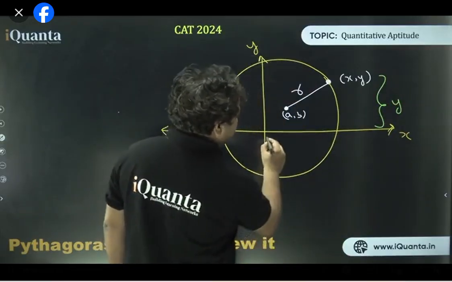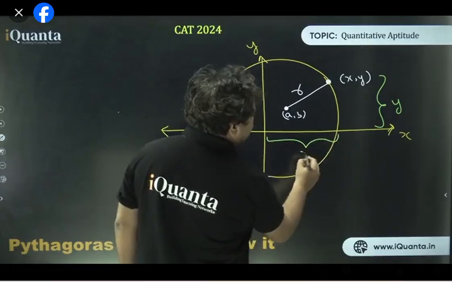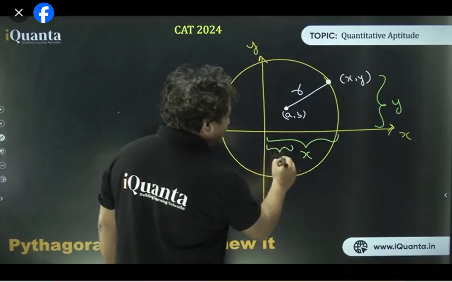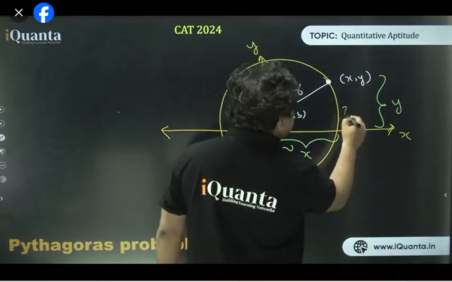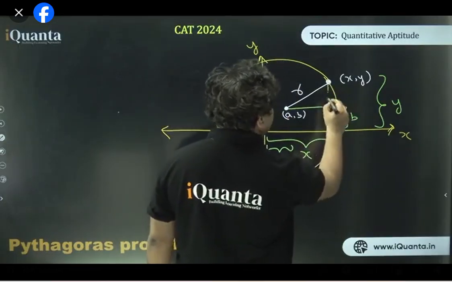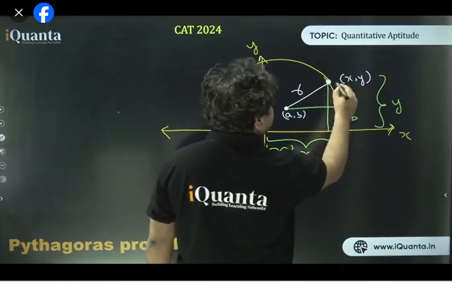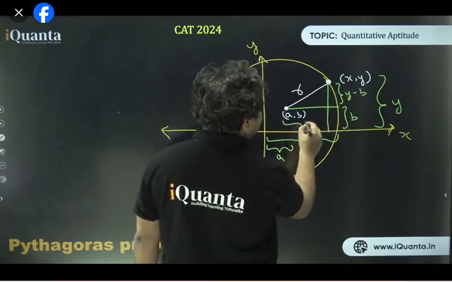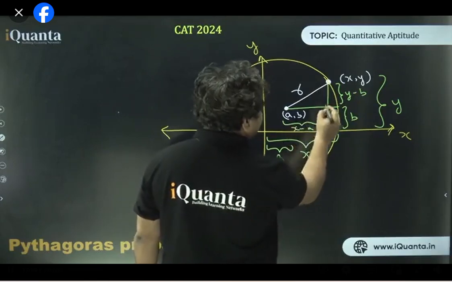And this whole is x. Okay, we get that. But at the very same time, this is a and this is b, isn't it? So if I try to join, see what happens. This becomes y minus b and this thing becomes x minus a. Is that right?